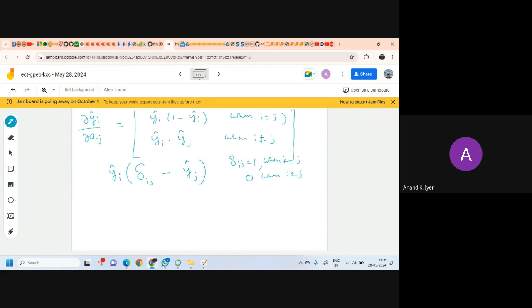Can we see that if this becomes 1, then it becomes y1 into 1 minus y1 hat, because i is equal to j, so j will become i, the first condition. If it is 0, then it becomes minus yj hat. So we are forgetting a minus term somewhere.